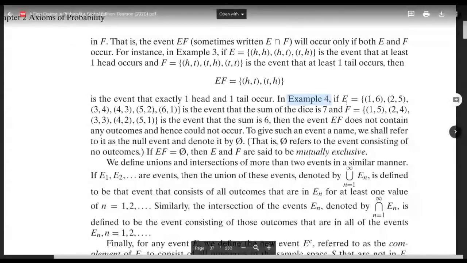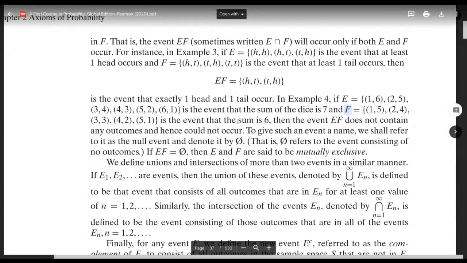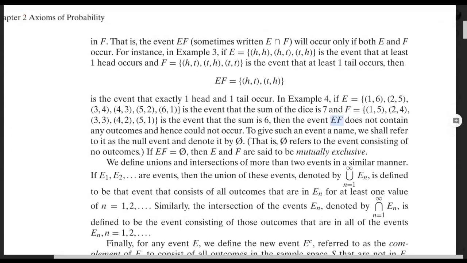Let's see example 4. If the event E is 1, 6; 2, 5, so the 2 dice add up to 7, and F is the event that the sum of the 2 dice is 6, then the intersection contains nothing. When it contains nothing we call it the empty set.